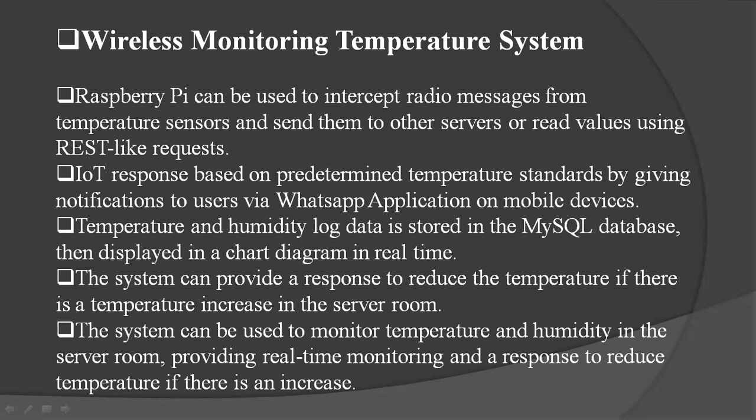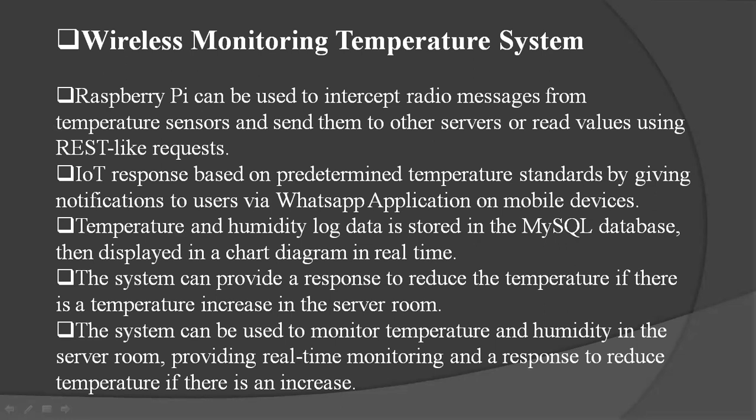Raspberry Pi can be used to intercept radio messages from the temperature sensors and send them to other servers, or read values using a REST-like request. So IoT responds based on predetermined temperature standards by giving notifications to users via the WhatsApp application on mobile devices.